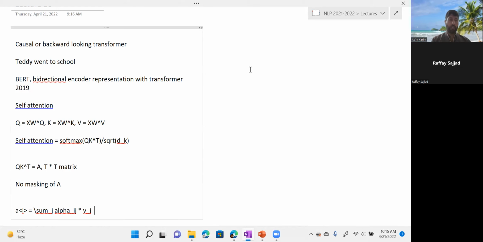The output layer would depend on the task that you're working on. So if you're doing classification, then the output layer would have k nodes corresponding to the k classes. The rest of the model essentially remains the same, and all equations remain the same, only that we do not do masking. So this is, as I said, the bidirectional encoder model.